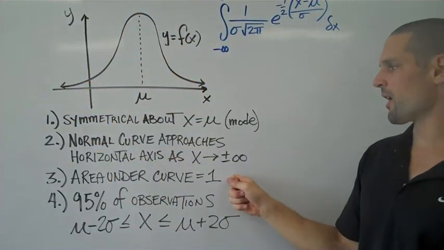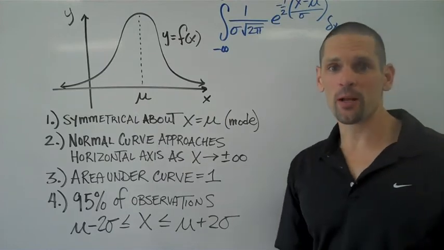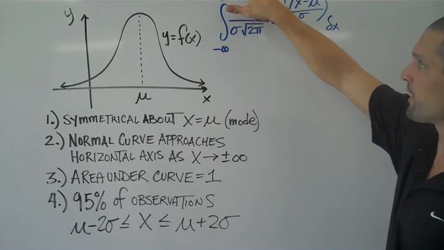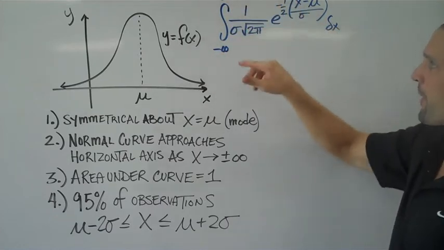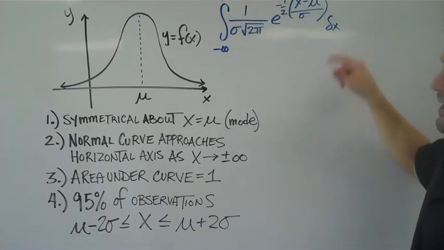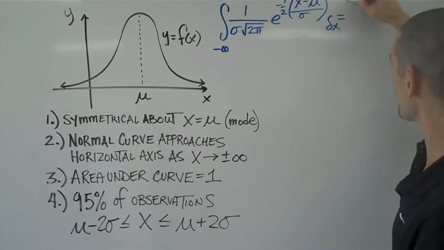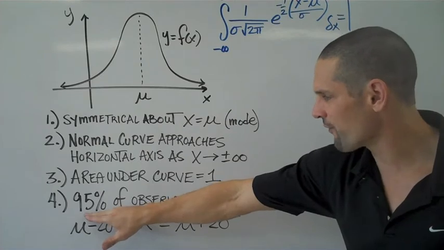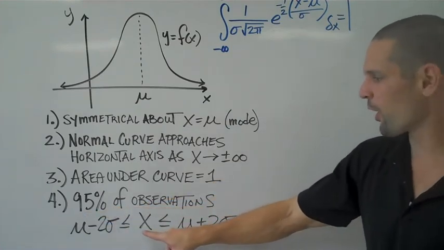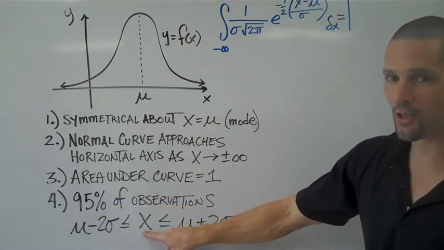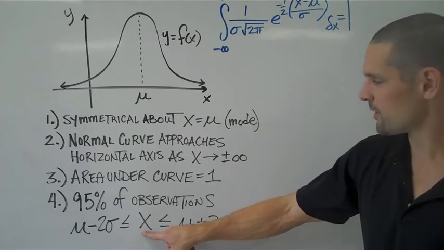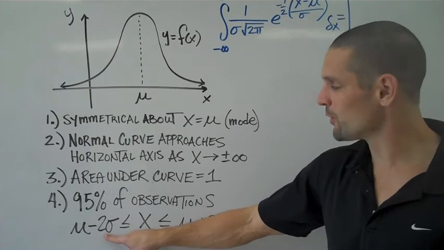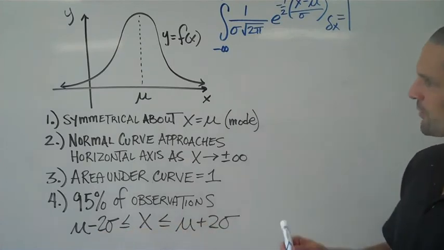The total area under the curve is equal to 1. If that brings back to mind integration, well, here is our integration from negative infinity to infinity, our lower boundary and our upper boundary of the curve with respect to x. The whole area under the curve is equal to 1. And 95% of the observations occur if our value here is our mean, the mu value, going from mu minus 2 standard deviations to mu plus 2 standard deviations.